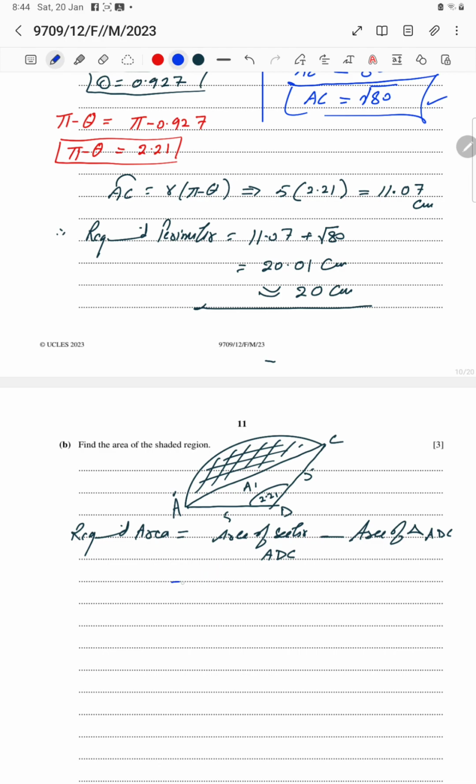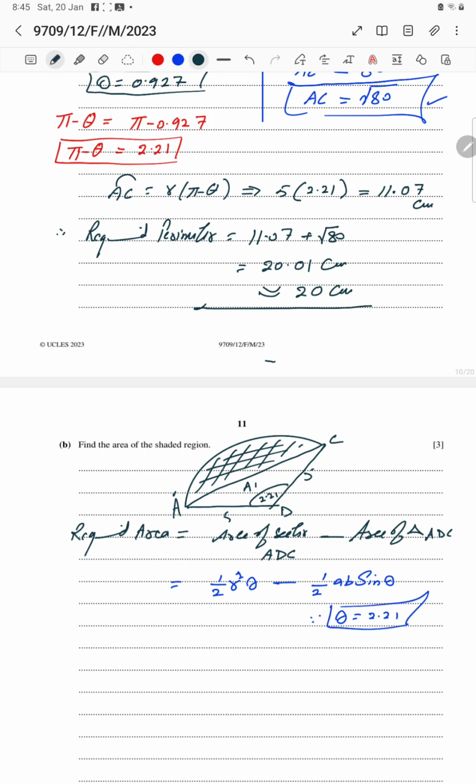Area of sector, we know, is 1 by 2 r square theta, minus area of triangle, which in O levels we know is half of AB sine theta, and theta here is 2.21, which we have calculated in the first part.